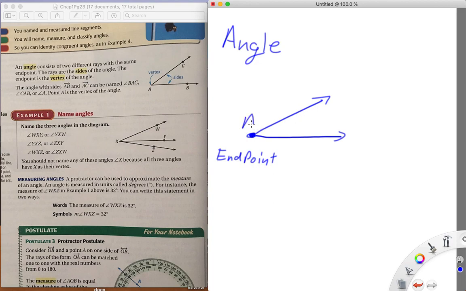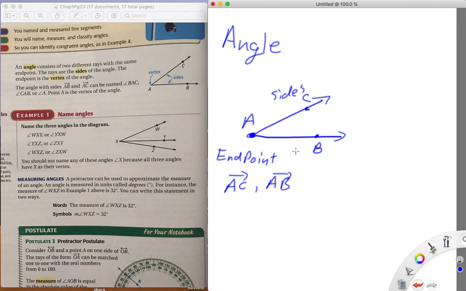So if I call this A, this C, and this B, I have ray AC and ray AB. Two rays that share a common endpoint. These would be considered the sides of the angle.